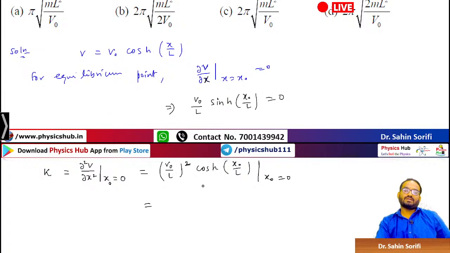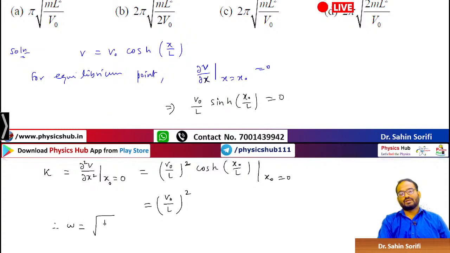So cos hyperbolic 0 is 1 plus 1 by 2, so 1. That is why it is V naught by L. So omega is root over k by m, and k is this V naught by L whole square.